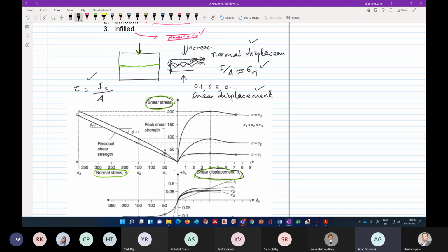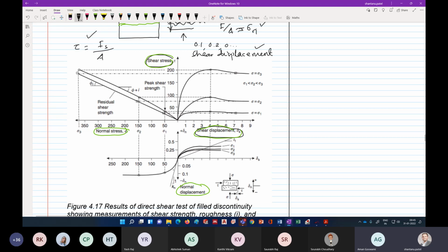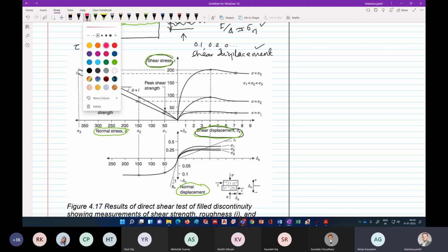Okay. So this is how it looks when you do different tests.